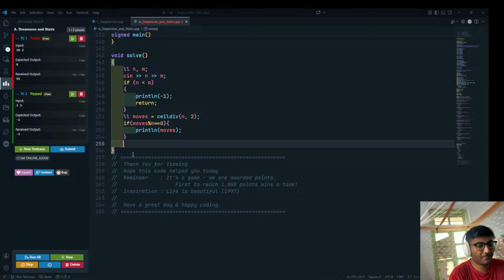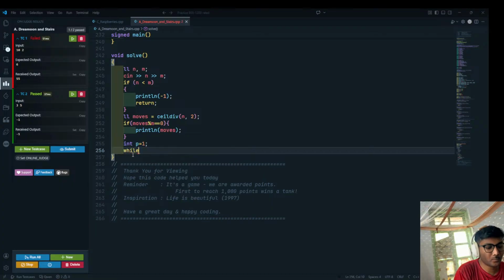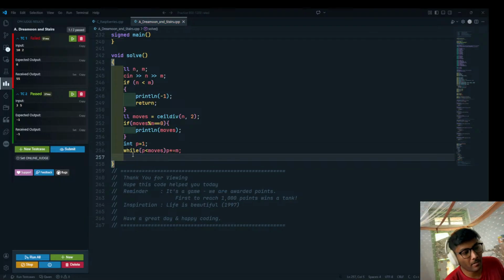Let's say p equal to 1, while p is less than moves, p is going to equal to m. Now I have just kind of crossed it.